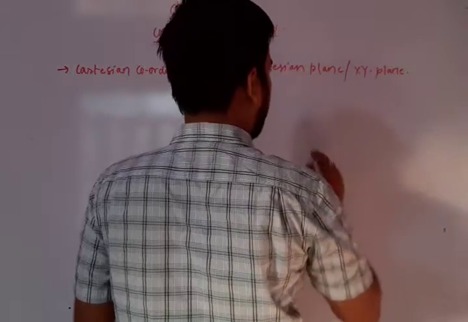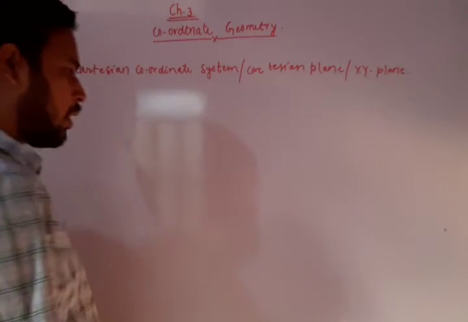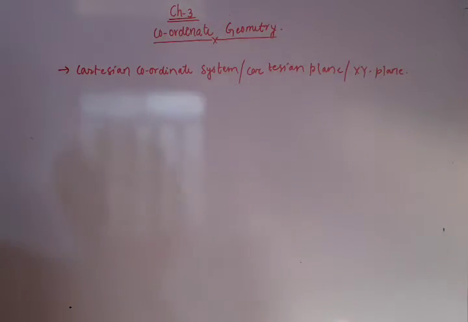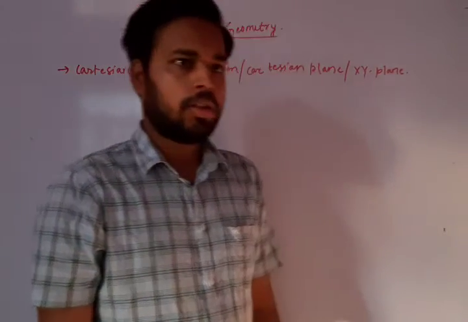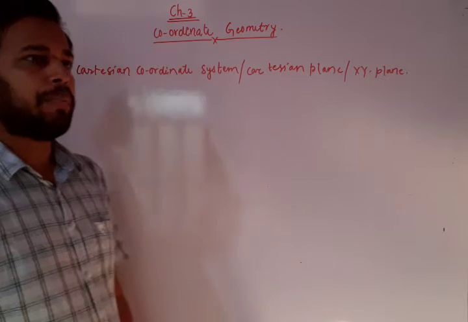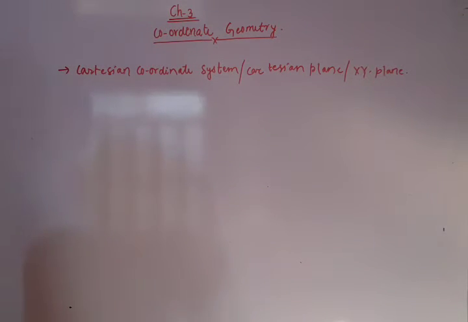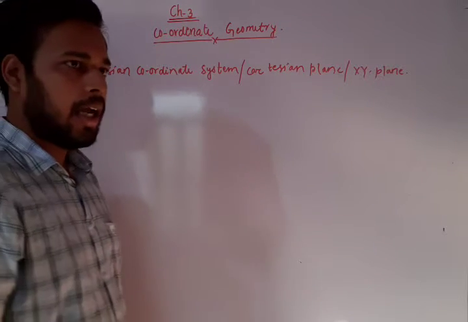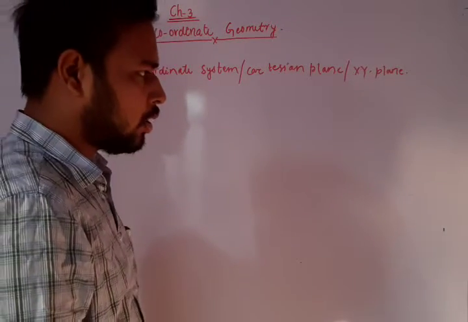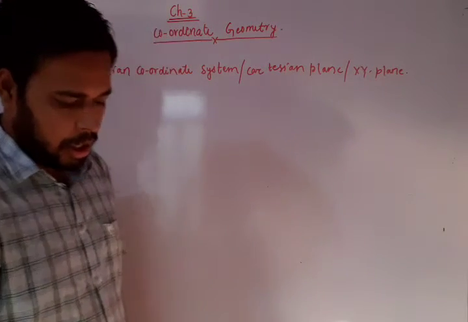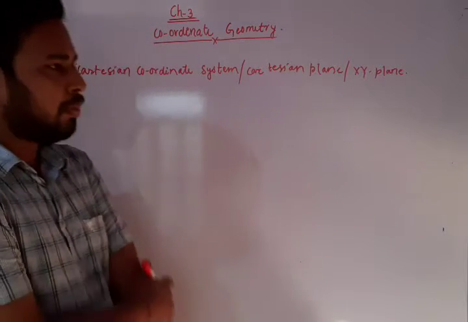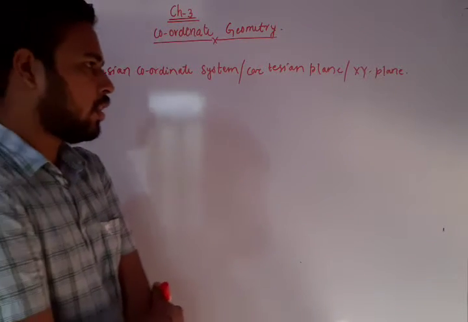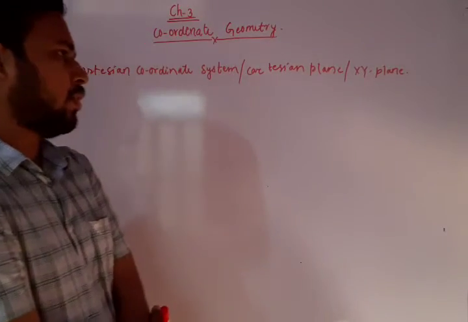Now what is the Cartesian coordinate system, Cartesian plane or xy plane? When two mutually perpendicular lines cross each other at their zeros, it is known as the Cartesian coordinate system. What? When two mutually perpendicular lines cross each other at their zeros.